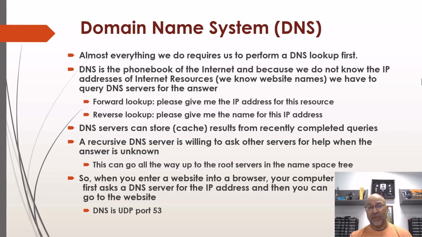So I ask DNS for that. My DNS server might do a recursive lookup, which means it's going to help me, and it's going to go all the way up the tree to find the answer, and eventually give me the IP address of the destination. And that's actually what I use to get my web page. Now, DNS is UDP port 53, so if you're capturing packets, don't be confused.